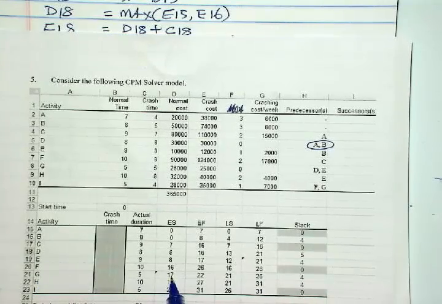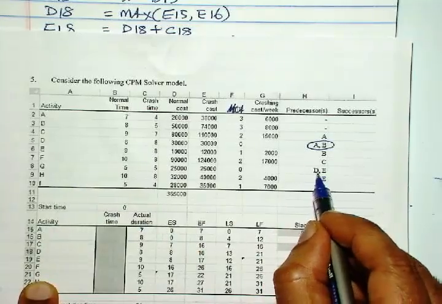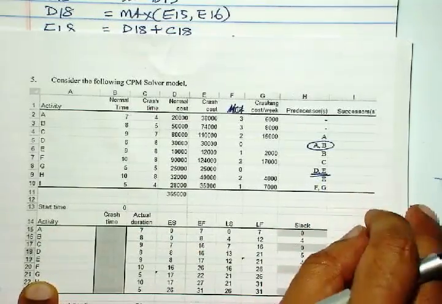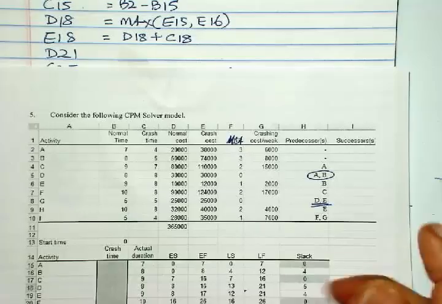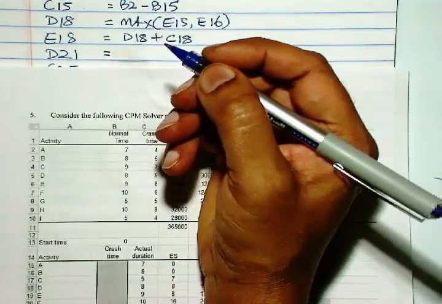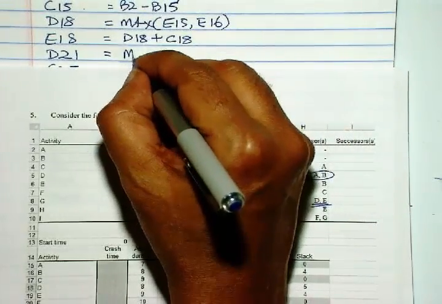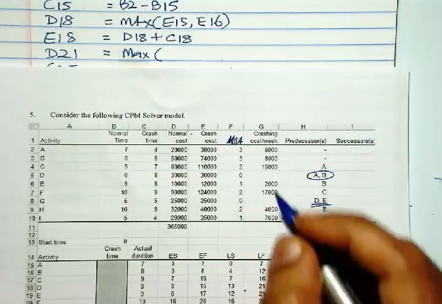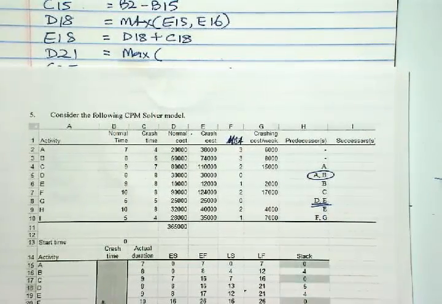D21 is activity G, start time for G. D and E are the predecessors. So D21 is maximum of the finish time of D and E, which will be E18 and E19.